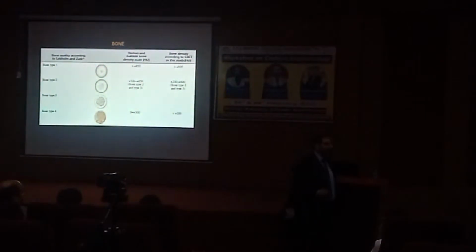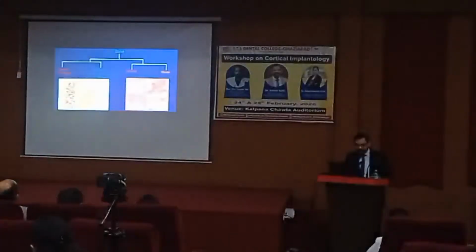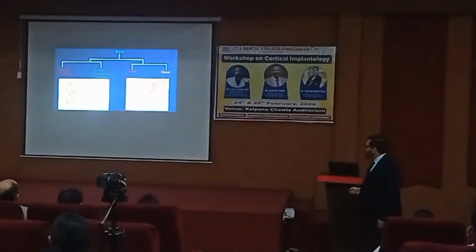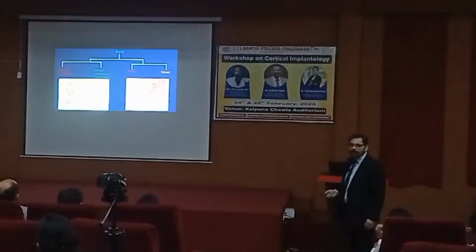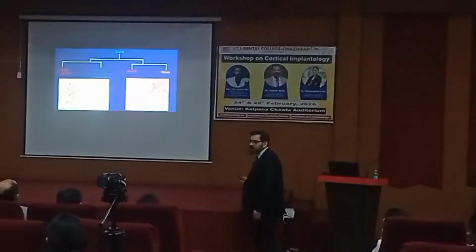Yes. But for cortical implantology, you have to learn the difference between a cortical bone, an alveolar bone and a basal bone. Yes or no? So the bone all around this is your what bone? Cancellous bone, soft bone. So you place your conventional implant over here.